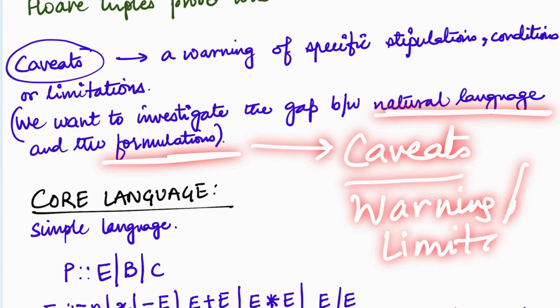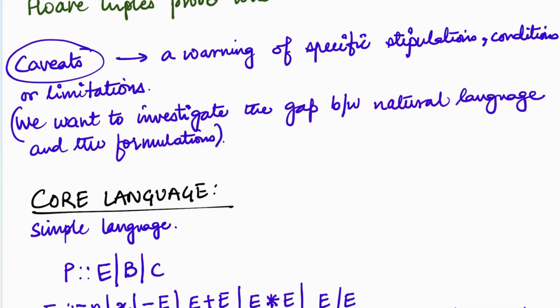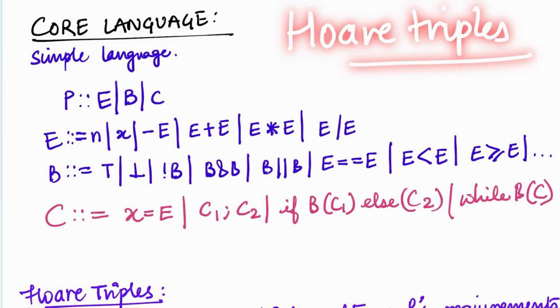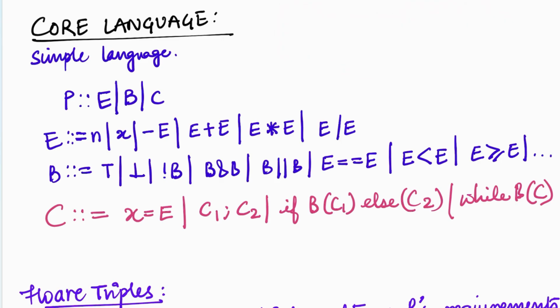Now, as we move forward, we need to understand what Hoare triples are. In order to understand what Hoare triples are, we need to understand the simple things that it holds. If we're talking about Hoare triples, it works on a core language, also called the while language.